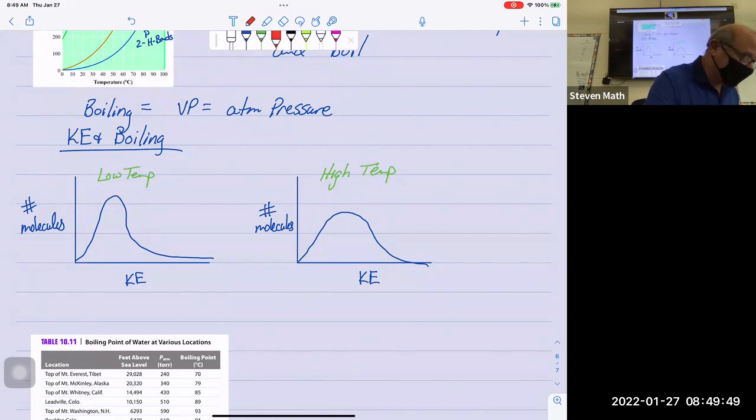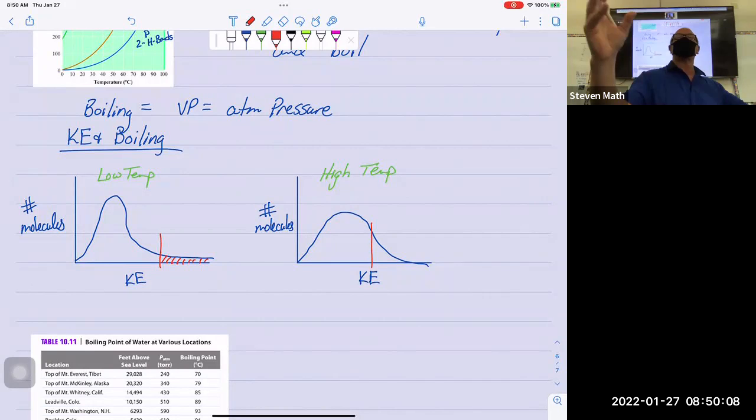Now, the part I'm leaving off is the important one, which is right here. This little line right there. I'm just changing the distribution.